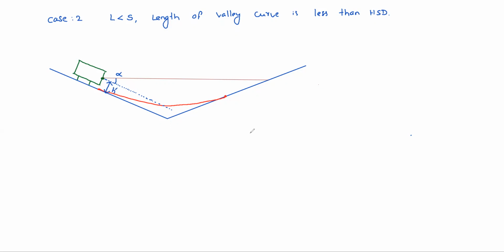Now basically this is the deviation angle. This angle is the deviation angle n, and the distances are like this. This is the length of curve, right? L is the length of curve, and here to here, obviously it is L by 2.